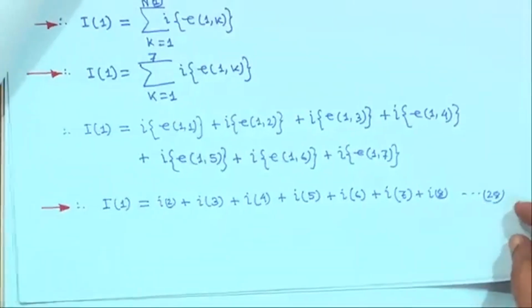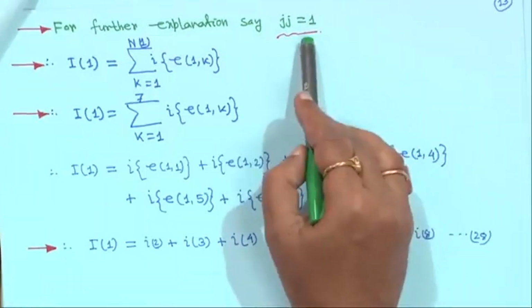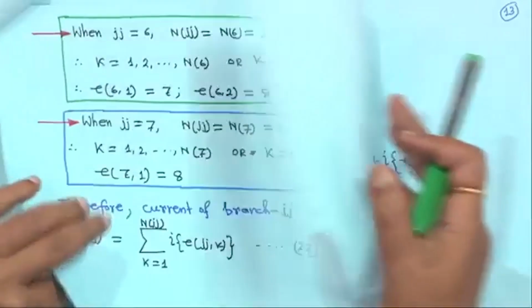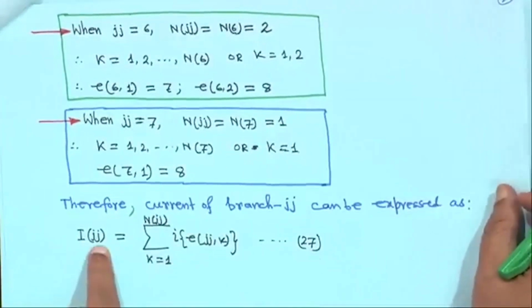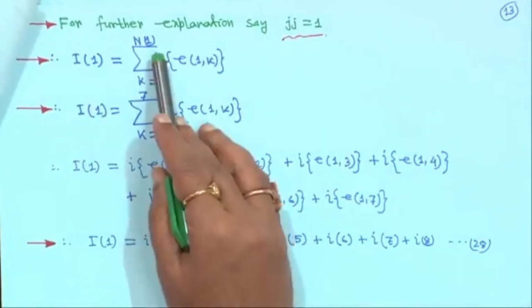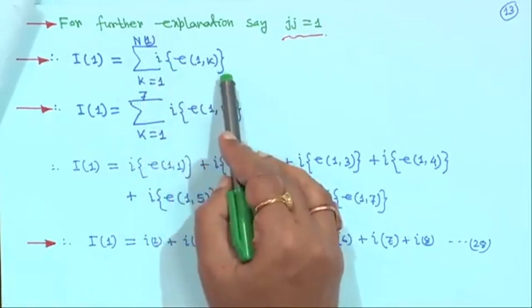How will it be done? For further explanation I have made it again, right. Say jj is equal to 1, we have seen, then jj equals 1 means from equation 27, capital I1 is equal to sigma k equals 1 to N1 of small I, in brackets, E1k, right.